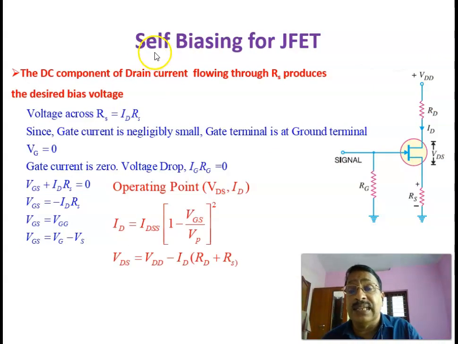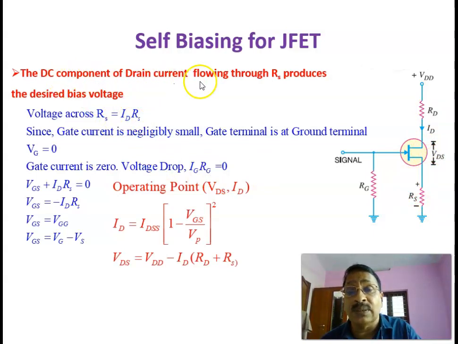The second method we call self-biasing of JFET. In self-biasing, we add a resistance RS in series with the source terminal. There is no negative voltage applied here. Instead, the voltage drop is used to reverse bias, because if the drain current is ID, then ID into RS is the voltage drop across RS.